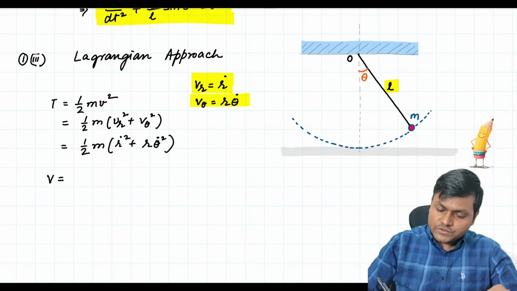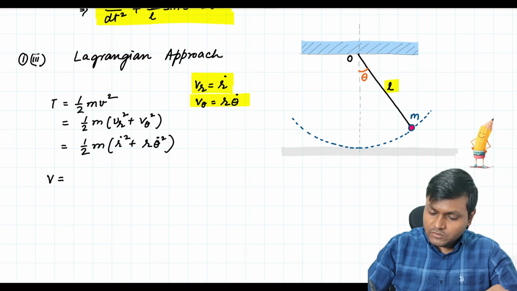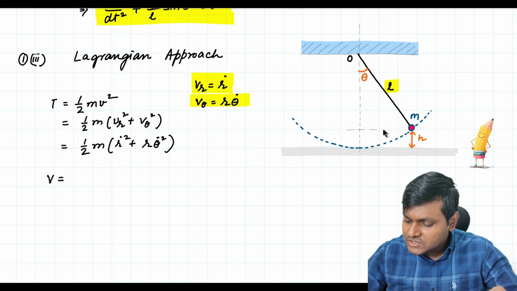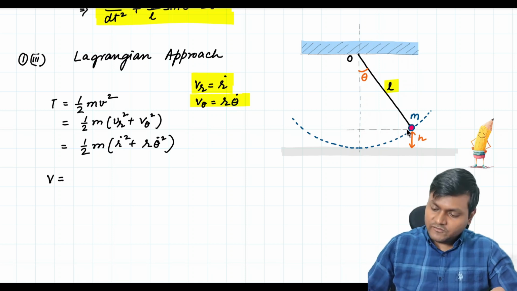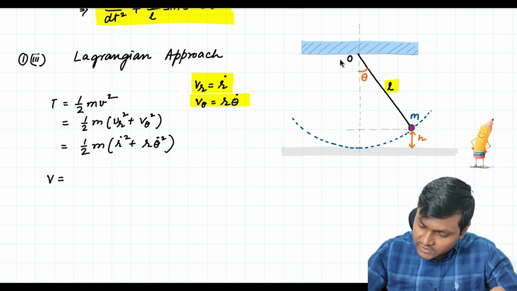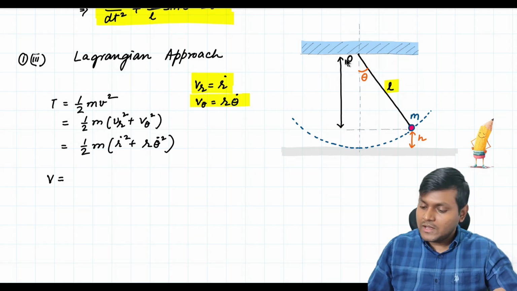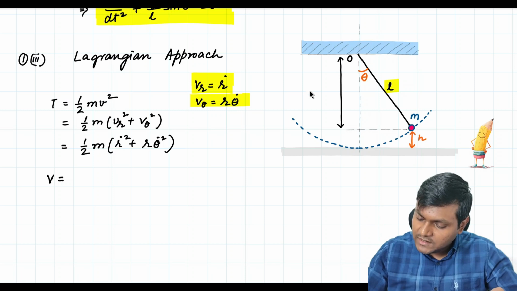So if I choose the lowest point as the reference for the pendulum, in that kind of a situation, what is the height? Let's suppose the height of the pendulum is given by h. Now I can calculate h in terms of the length of the pendulum, because as you see here, the projection of the length of the pendulum along the vertical axis is simply nothing but L cos theta.